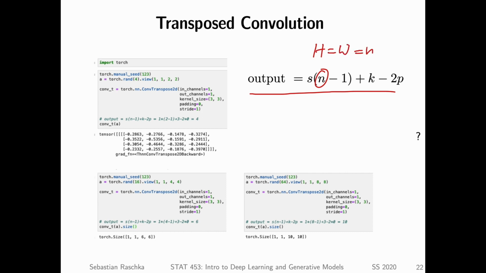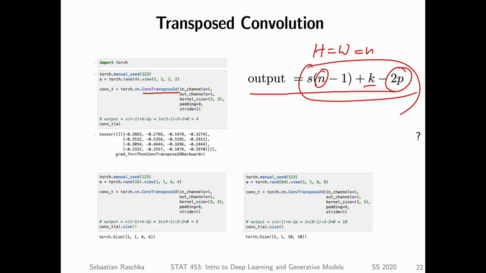And this would be the kernel size, and this would be the amount of padding. With that, you can compute the output size for the transposed convolution. In PyTorch, it's called ConvTranspose2d. And similar to a regular convolution, you can give the input and output channels, kernel size, padding, and stride. But again, you use that equation to compute the output size.